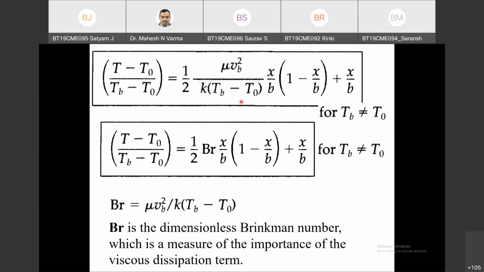Mu VB square represents the heat generated because of viscous dissipation, and thermal conductivity times temperature difference indicates the heat transported out. This is the temperature profile, case 1, when TB is not equal to T0.